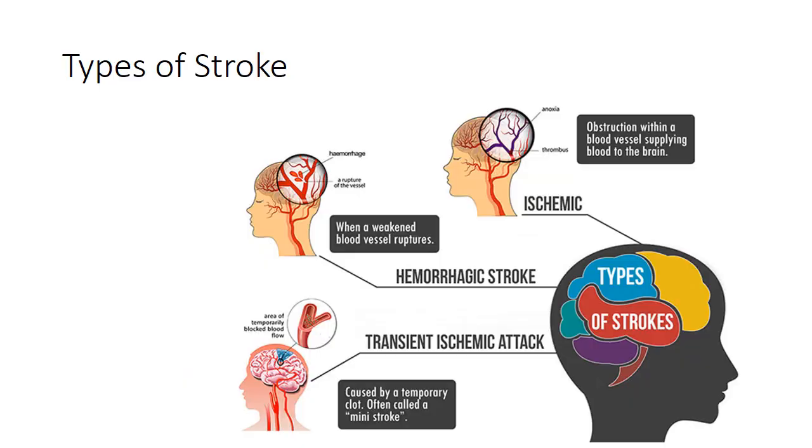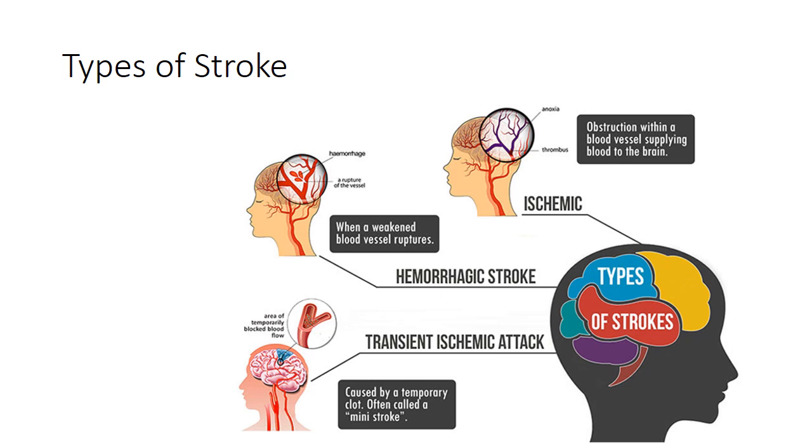Now coming to the types of strokes. There are basically 3 types of stroke. One is the ischemic stroke, which results from an obstruction within the vessel supplying a particular part of the brain. The other one is the hemorrhagic stroke, where there is a weakened vessel wall which often ruptures, for example, an aneurysmal rupture resulting in a hemorrhagic stroke.